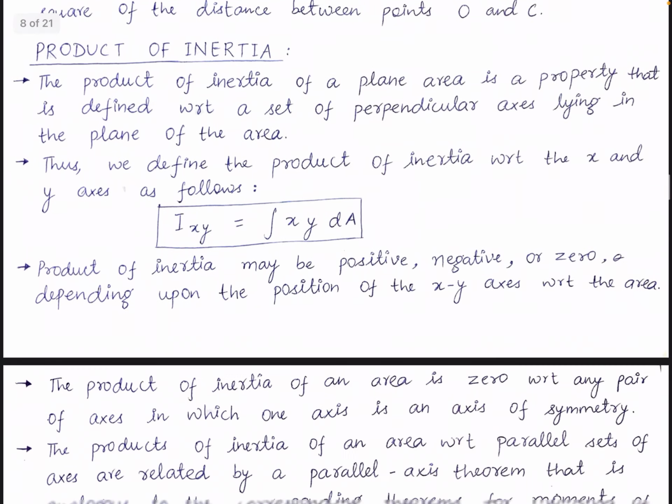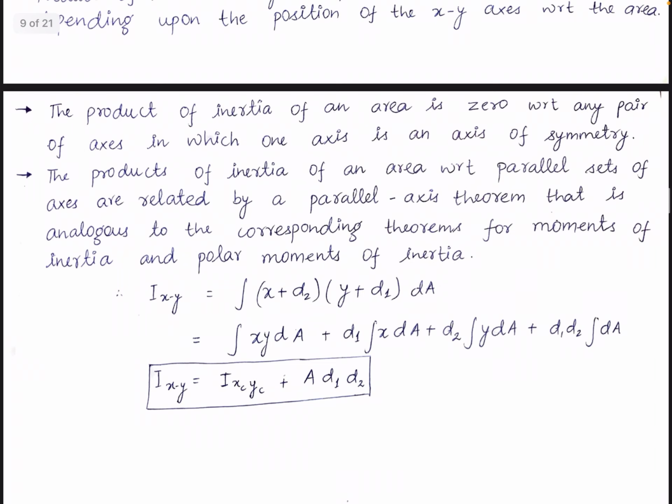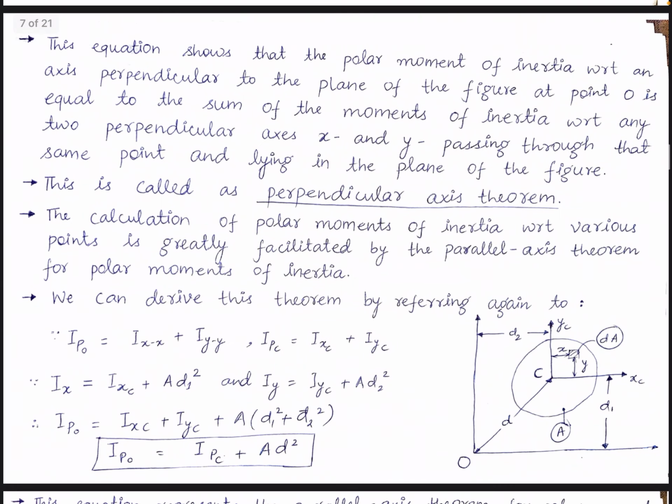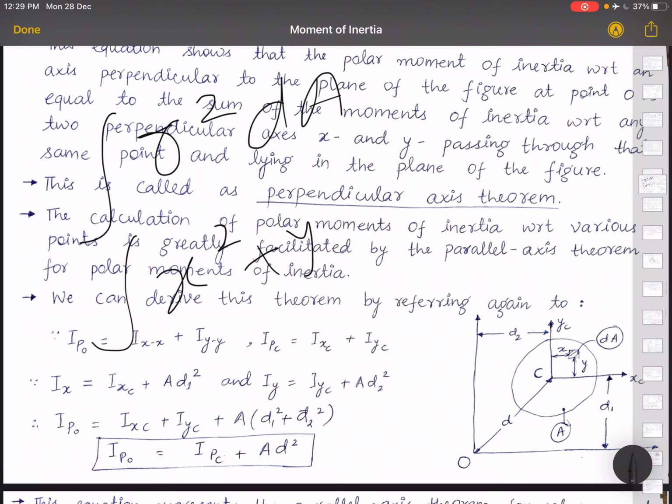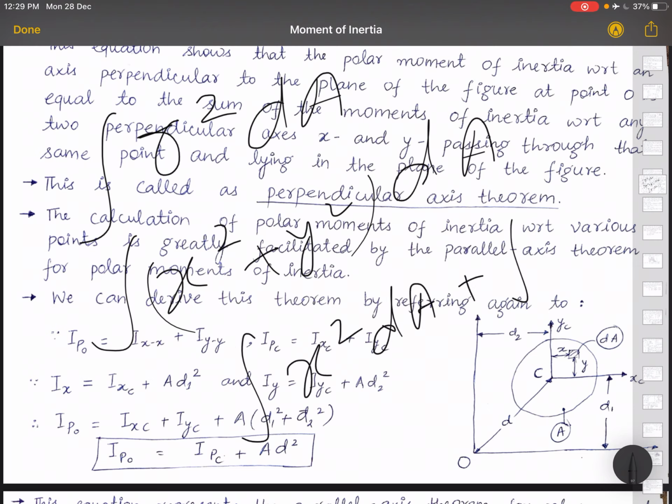So how is it coming? It was the integral of r square dA. So r square is x square plus y square, dA. Simply, the integral of x square dA plus the integral of y square dA. This is the axis which was perpendicular.